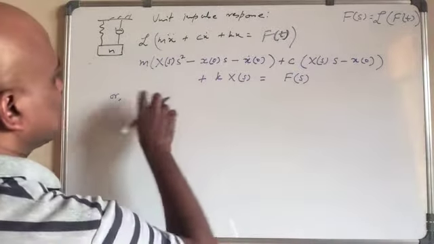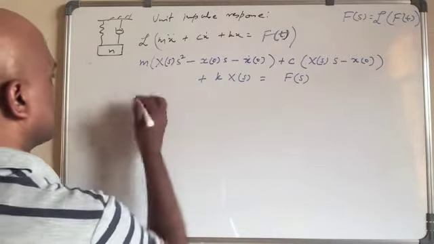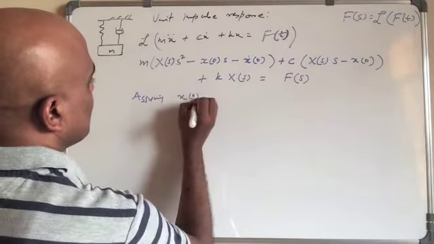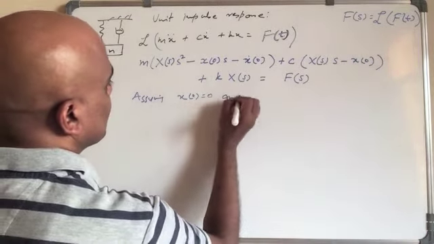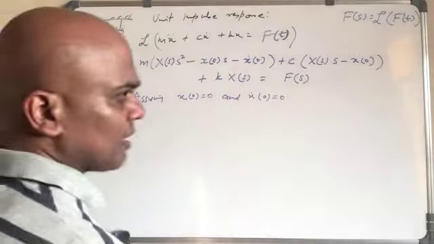In this case we are assuming x0 equal to 0 and x dot 0 equal to 0.